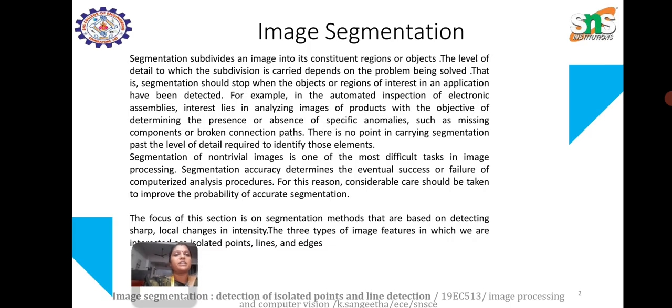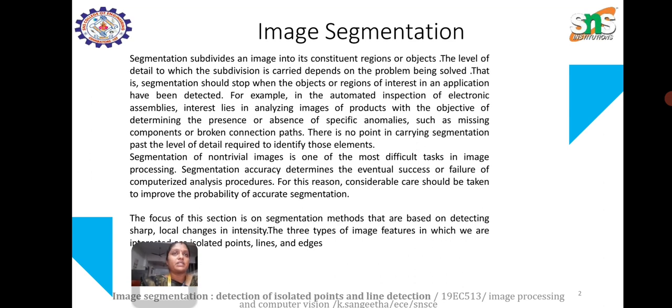Image segmentation is a crucial step in an image. In image segmentation, it subdivides an image into smaller images or regions. The main objective of image segmentation is to simplify its representation or to make further analysis easier.